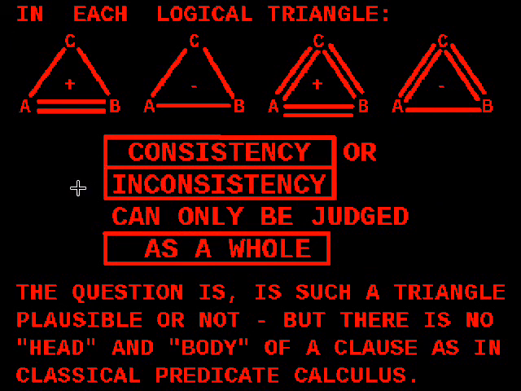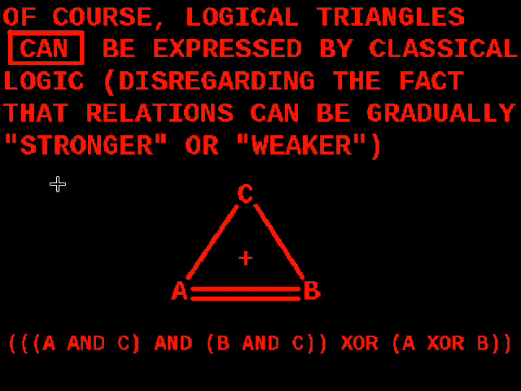So, we looked at each of these possible triangles, and I hope I made clear that you can only judge the consistency or inconsistency of each one of these patterns as a whole. You don't have cause and effect, you don't have head or body. And that is actually the main difference to classical predicate calculus. Now, this is not to say that you cannot express logical triangles by classical logical calculus.